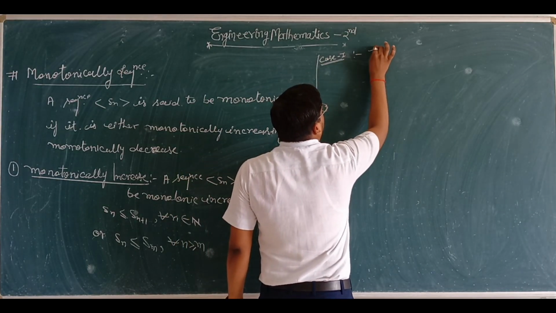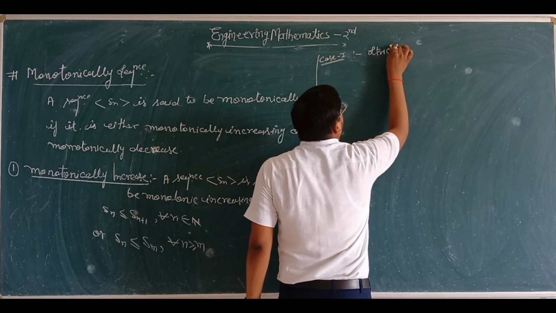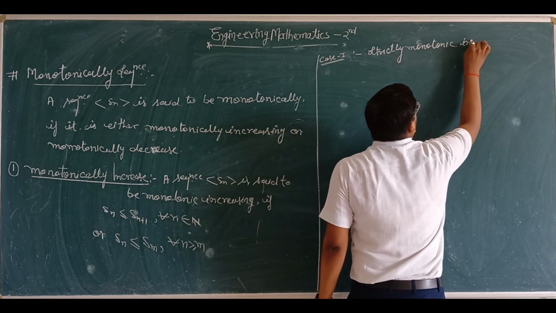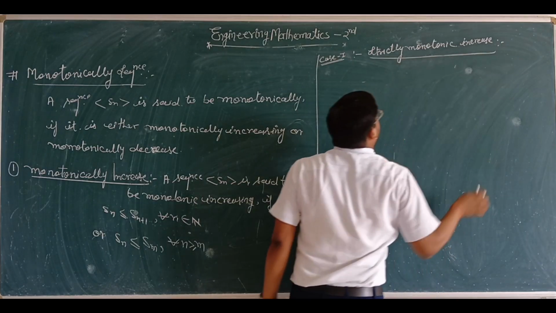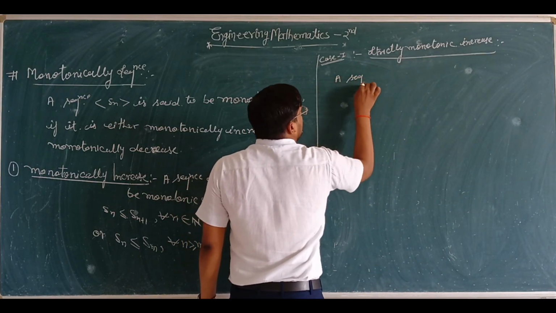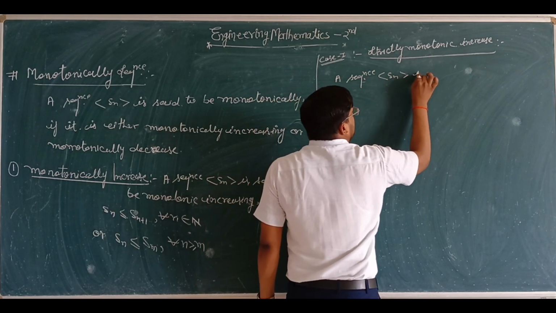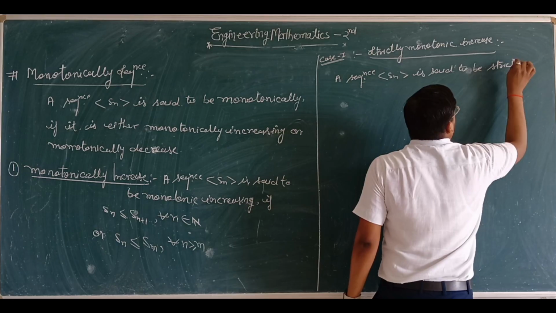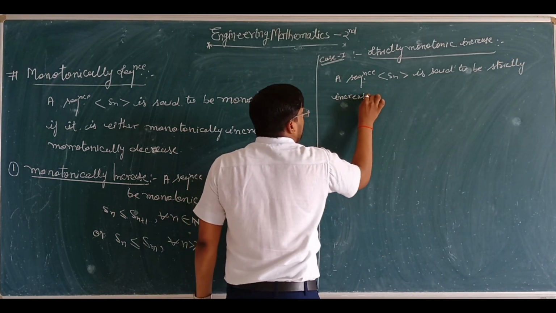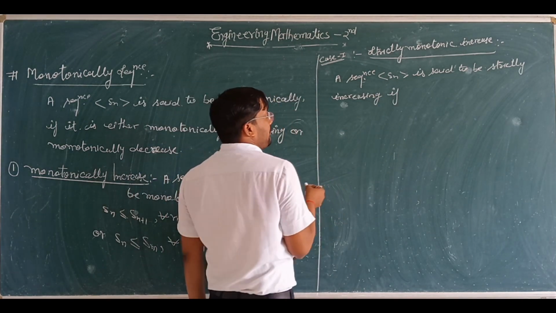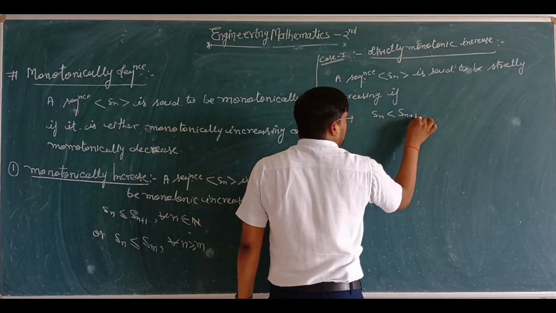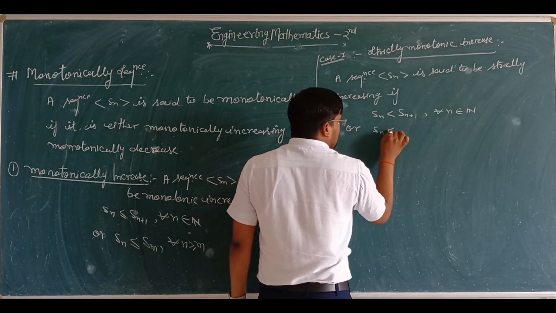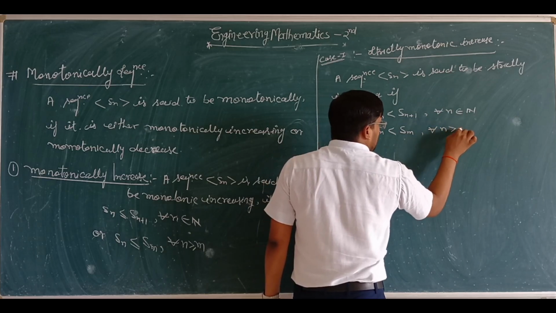You can say a sequence Sn is said to be strictly increasing if Sn is less than Sn plus 1, for all values of n belonging to capital N, or you can say Sn is greater than Sm, for all values of n greater than m.